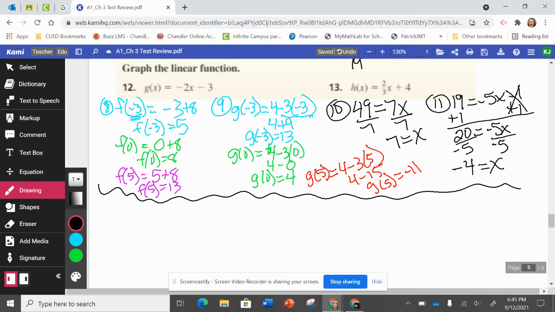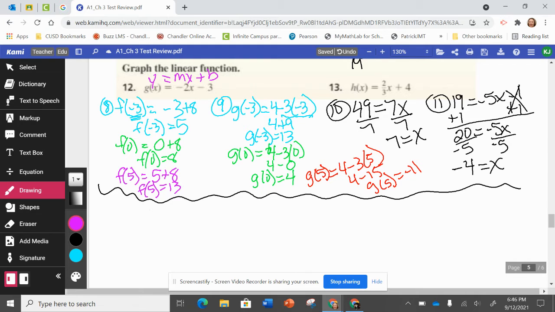Number 12 is asking us to graph. Now remember, we talked about various methods for graphing. And for me, these are already in y equals mx plus b form. Remember, g of x and y are the same thing. f of x and y are the same thing. h of x and y are the same thing. They're just saying, hi, I'm a function.